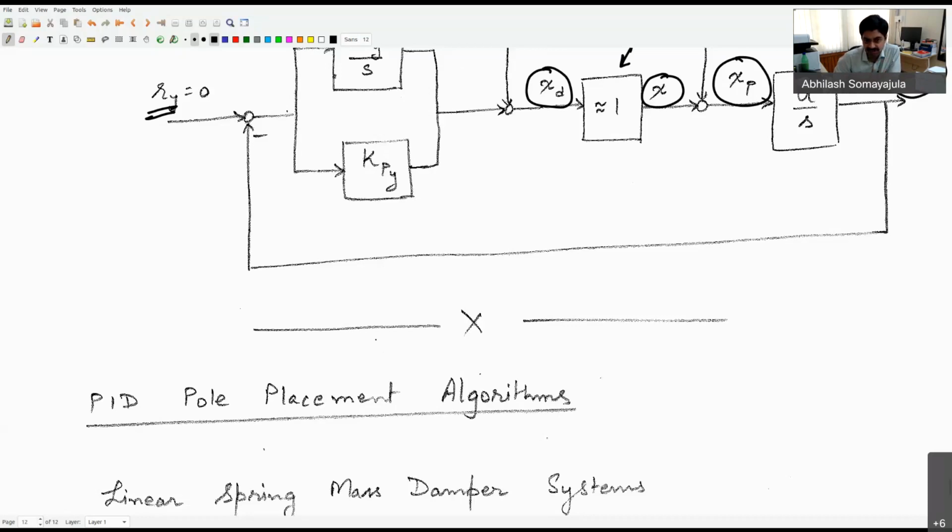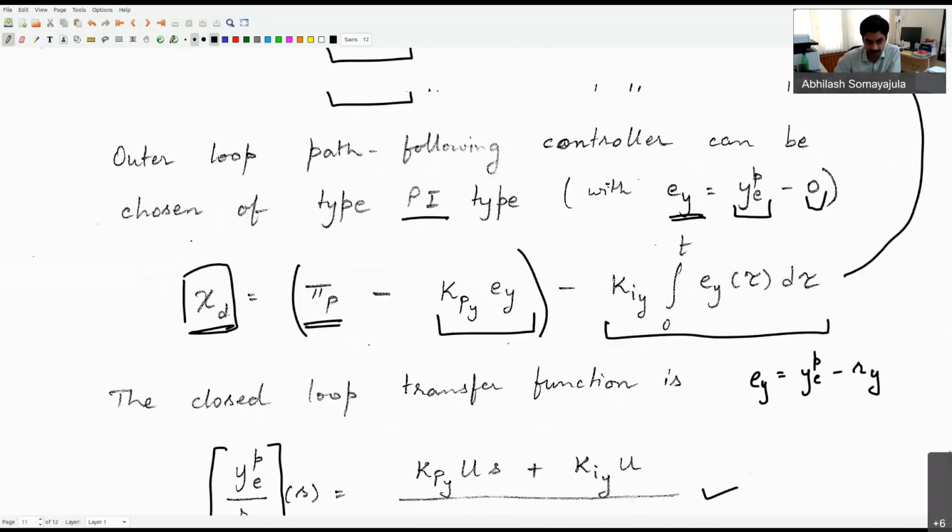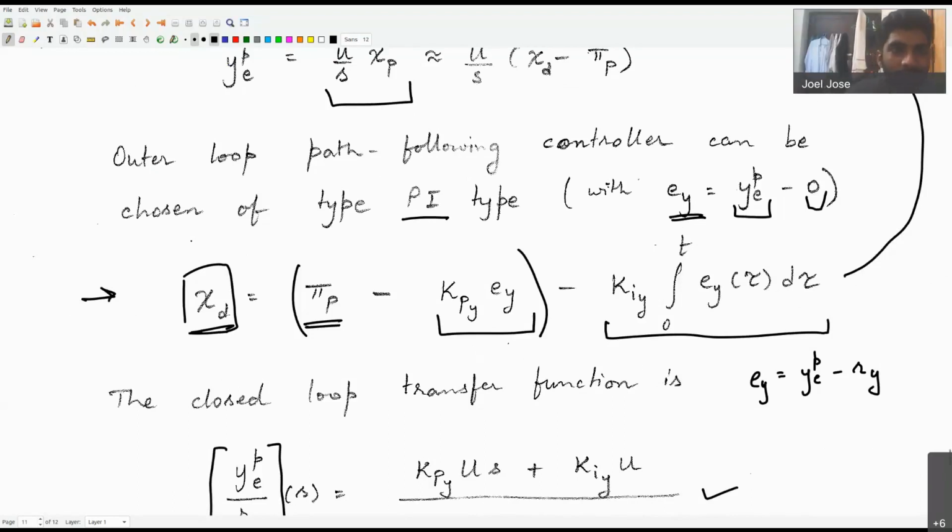Something interesting which I forgot to mention and none of you stopped me, so I'll go back and take a look here. Remember that when I was discussing the LOS guidance scheme, I told you that finding this integral gain is quite challenging, right? We used a y-int term, which was a nonlinear guidance system, in order to make sure that the integral compensation happens better.